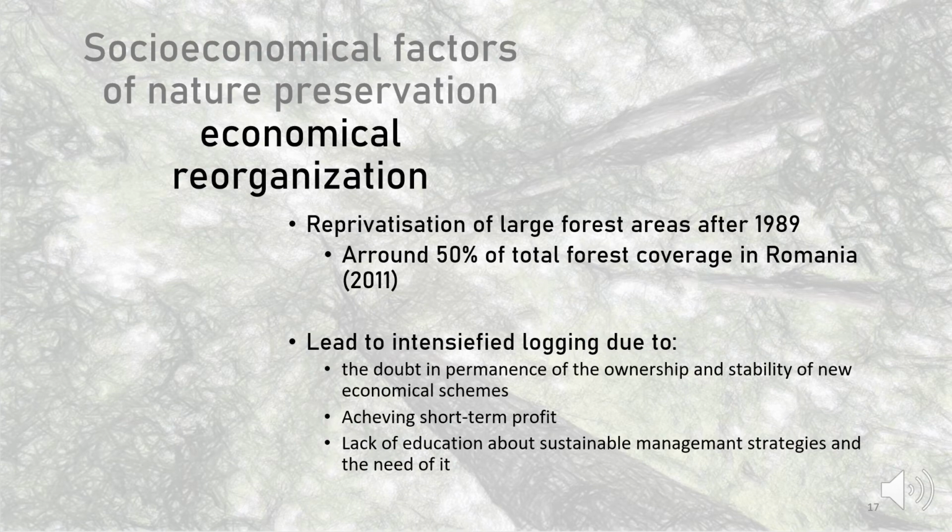When large forest areas were reprivatized after 1989, for example in Romania around 50% of total forest coverage by 2011, a rise of clear cuttings and exploitation of the legal logging frames and regulation took place, like sanitary felling, public use for personal and local needs for firewood, for example, due to the insecurity of ownership and stability of new economic schemes, or achieving short-term profit, as well as the lack of education about sustainable management strategies or the necessity of it.